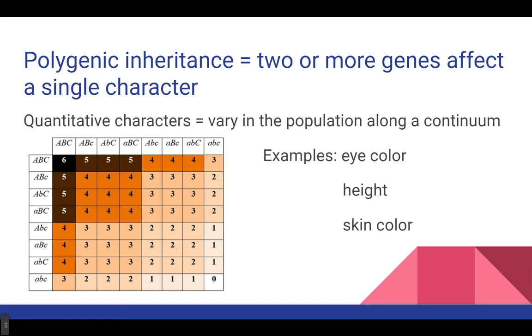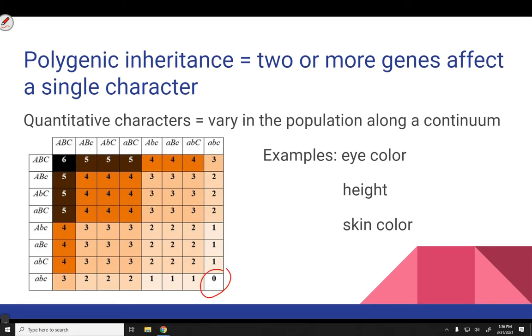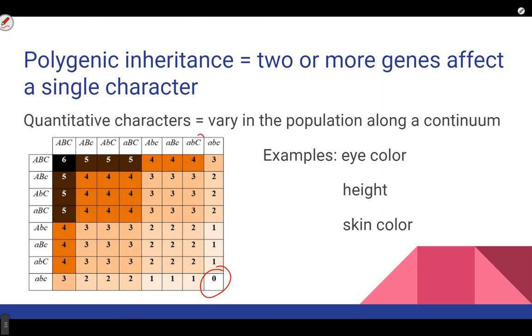So someone who gets 3 recessive alleles from mom at the top and 3 recessive alleles from dad at the bottom has 0 dominant alleles down here in the bottom right, and they are going to have the lightest color skin or hair or whatever this is. And then somebody right here would get 1 dominant from one parent and 1 dominant from this parent, they have 2 dominant alleles, and so they get a little darker color.